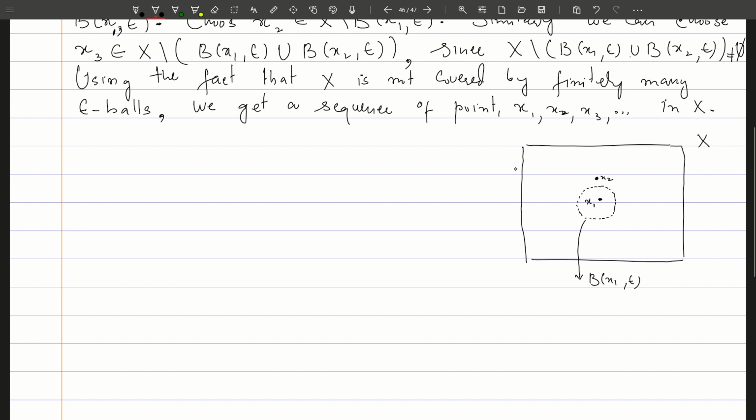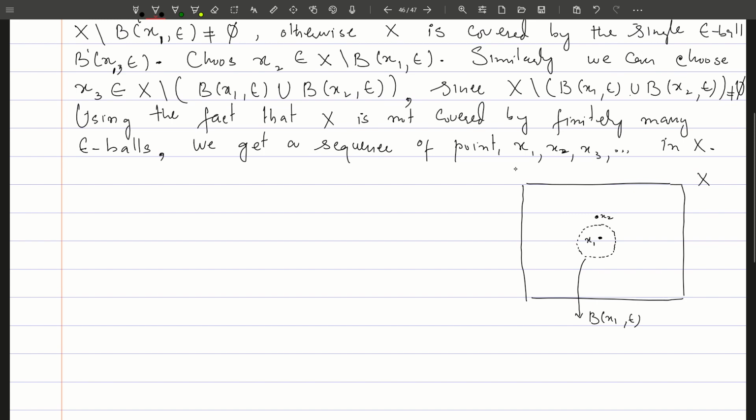So this x2 is in the set X but outside the ball centered at x1. Now we choose a ball centered at x2 and radius epsilon.